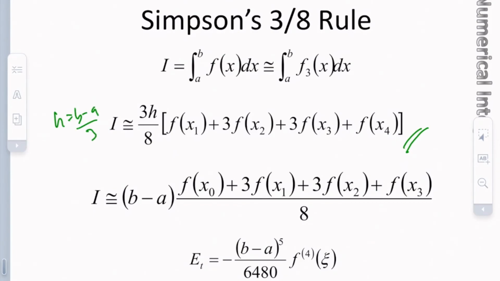This equation is known as the Simpson's 3/8 rule. It is the third Newton-Cotes closed integration formula that we will learn. It can also be expressed as shown, along with the error term proportional to the fifth power of h.